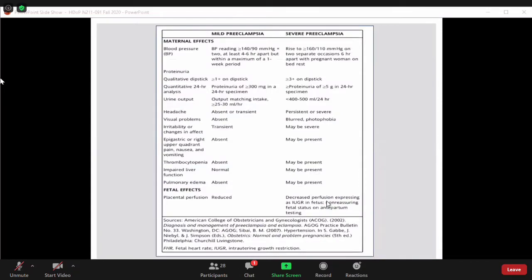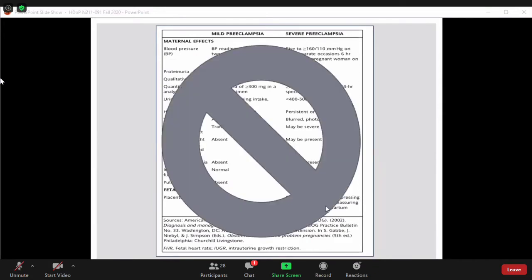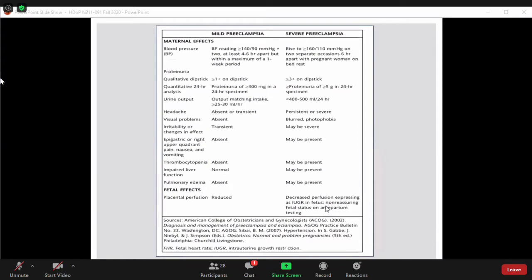So this slide is what we used to use, and it's no longer as adhered to, but I'm going to show it to you just so that you have a sense of a lot of the features and the clinical manifestations, what you are looking at when we talk about mild and severe preeclampsia.